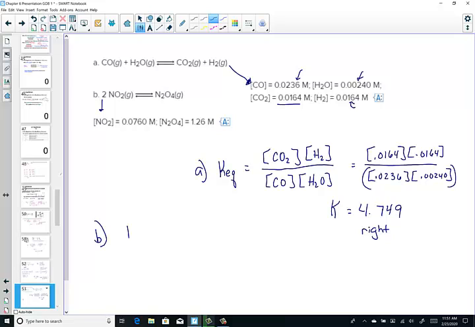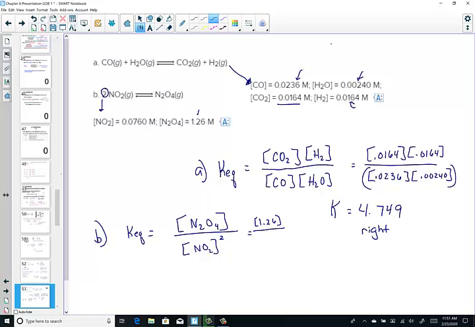Letter B gives us an expression where the product N2O4 is set over the reactant NO2, but that needs to be squared from its coefficient of 2. The concentration of the product N2O4 is 1.26, and those are molar units.